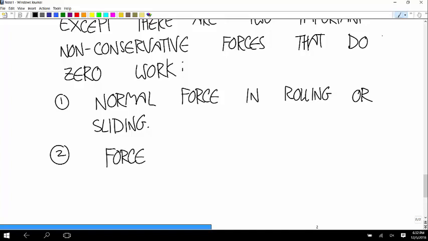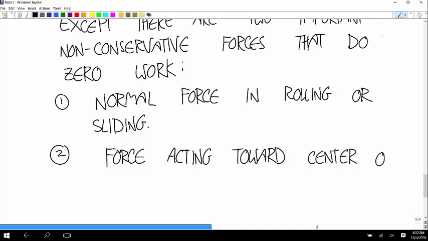So any force acting toward the center of the circular motion.